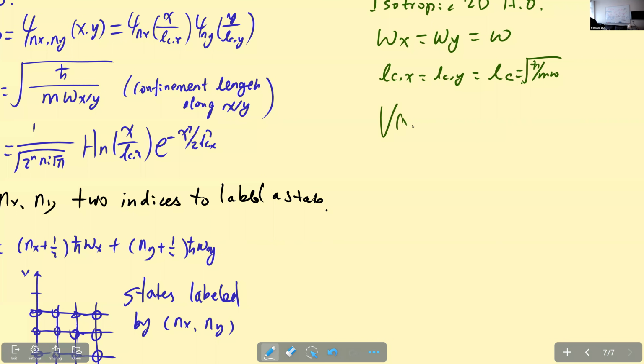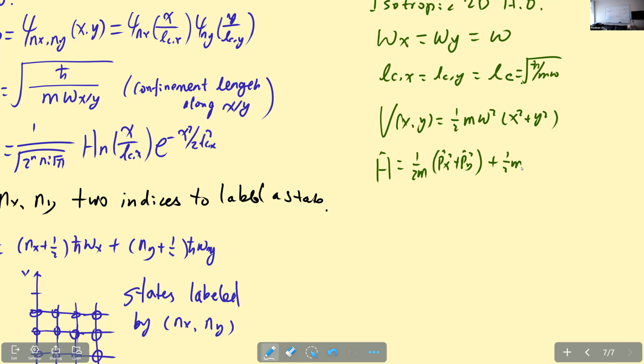So the potential can now be written as 1/2 m omega squared (x squared plus y squared). Okay. Now the Hamiltonian can be written as 1/(2m) (p_x squared plus p_y squared), plus 1/2 m omega squared (x squared plus y squared). Okay.